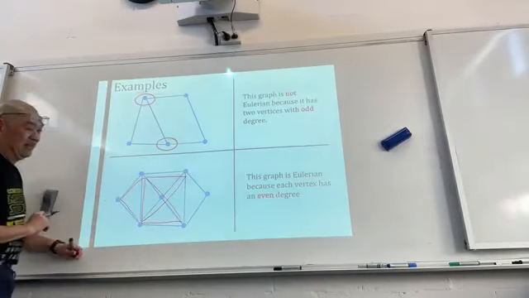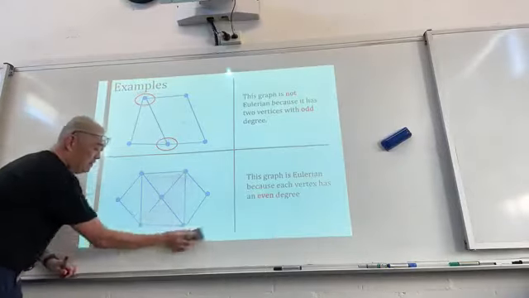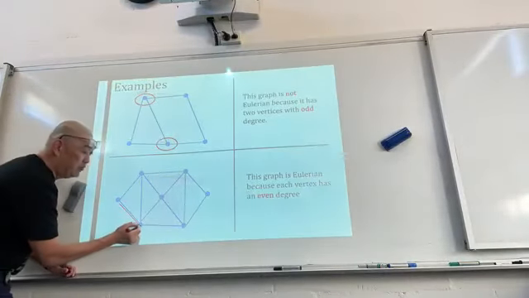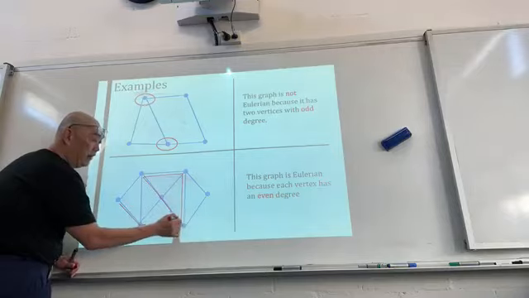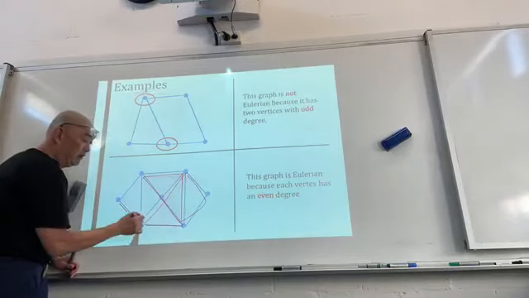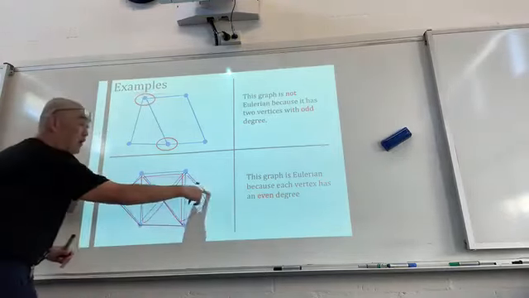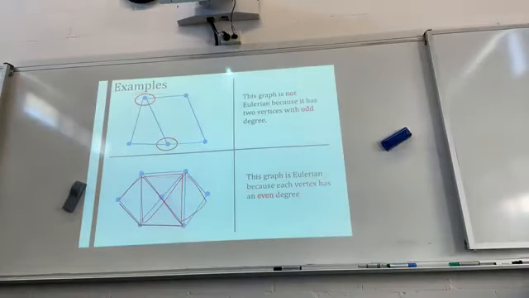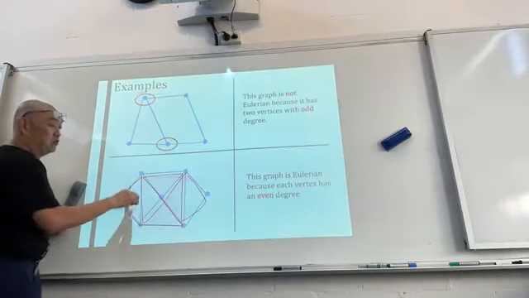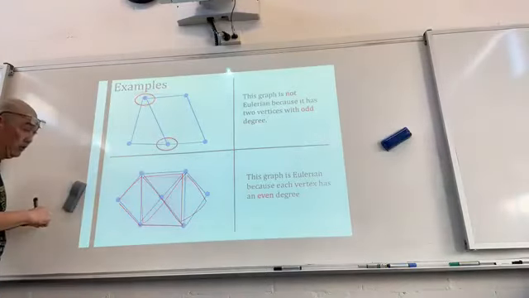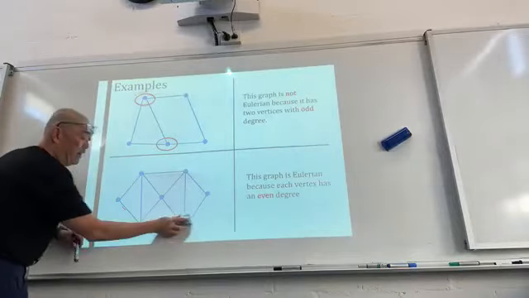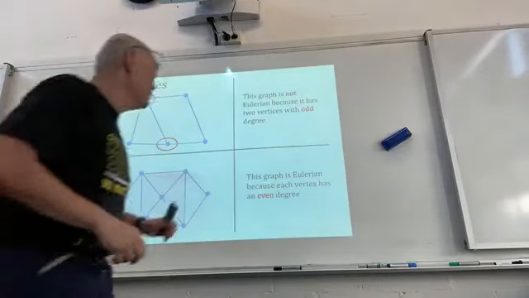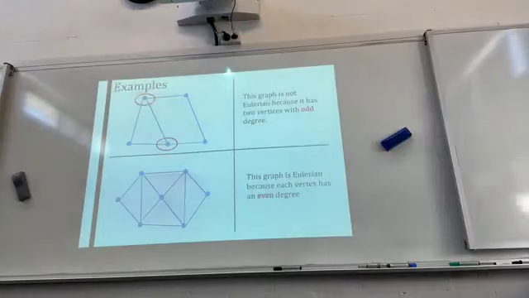No, I can't even do that. So I probably have to start from somewhere here. Sometimes you really have to experiment to know where you can start from and where you cannot. So here I've got to start from here or there. If I start in the middle, I can't find an Eulerian circuit. So you've got to think about where you can start.